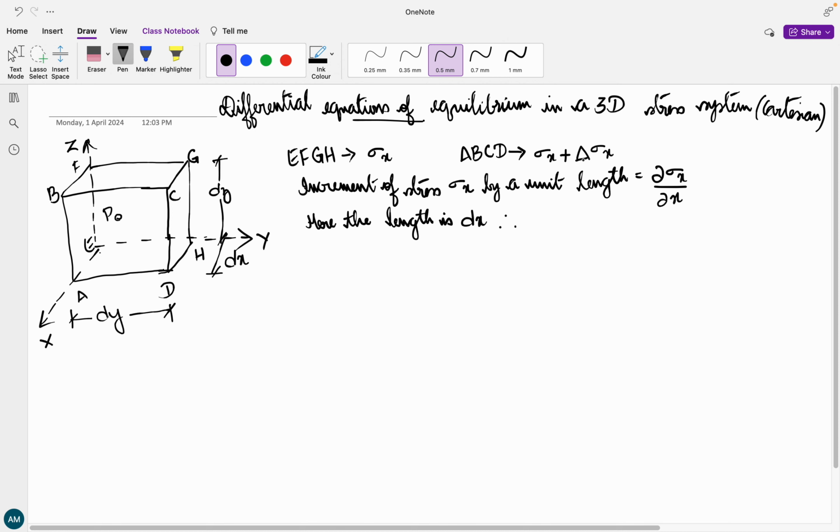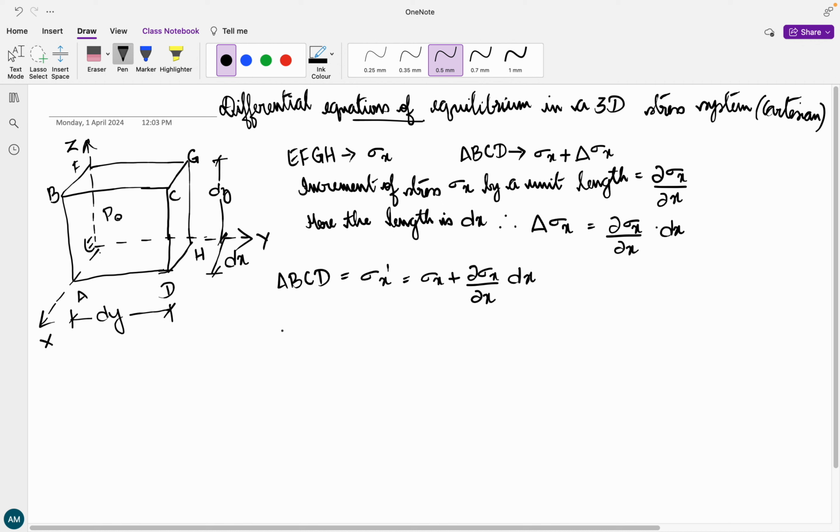Therefore, this increment of stress delta sigma x is nothing but dou sigma x by dou x into dx. So now the normal stress for face ABCD can be written as sigma x dash, which is nothing but sigma x plus delta sigma x, that is sigma x plus dou sigma x by dou x into dx.